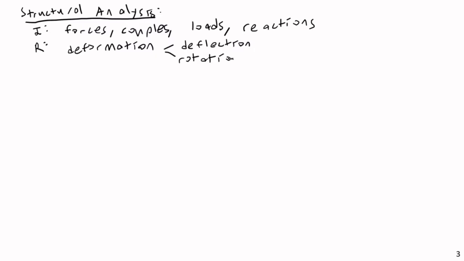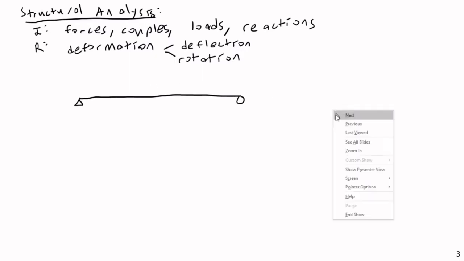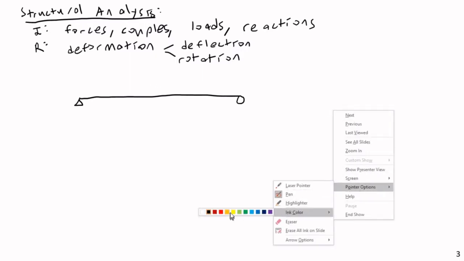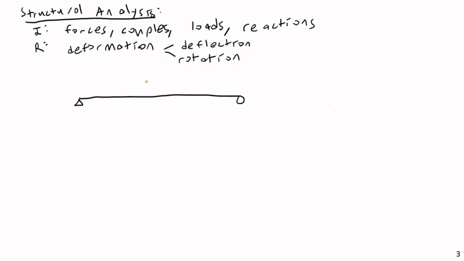So for example, if I consider a beam, let's look at a simply supported beam. Let's say I apply 3 different loads to it. Maybe first I apply P1, and that causes it to deflect a deflection delta 1.